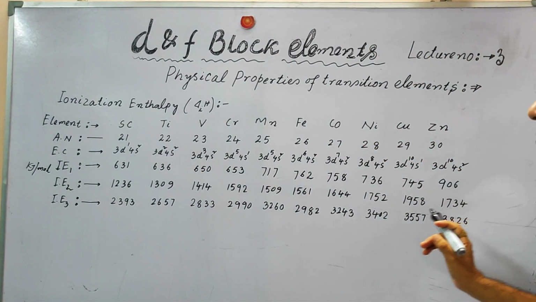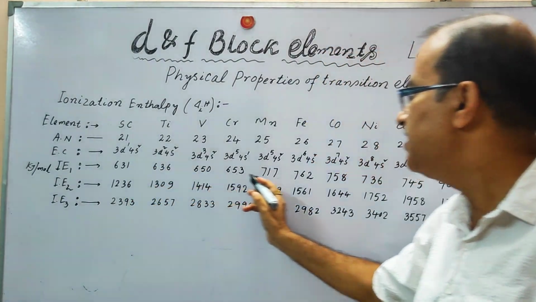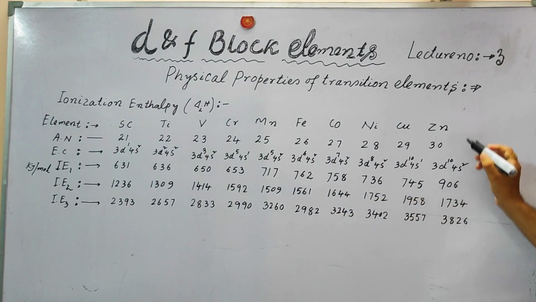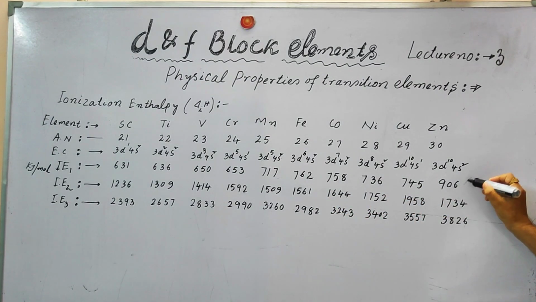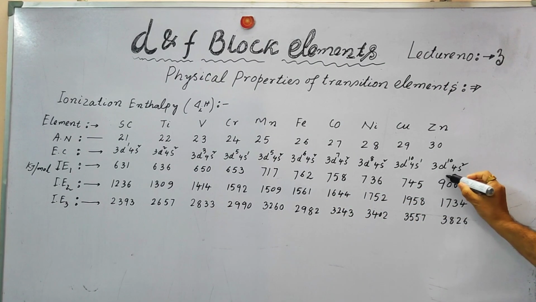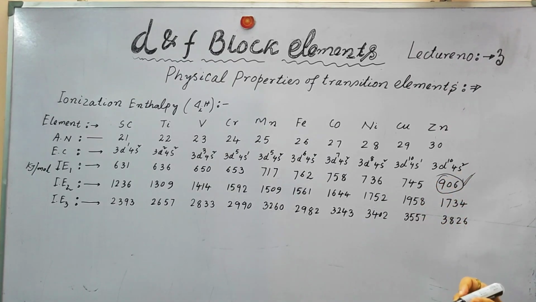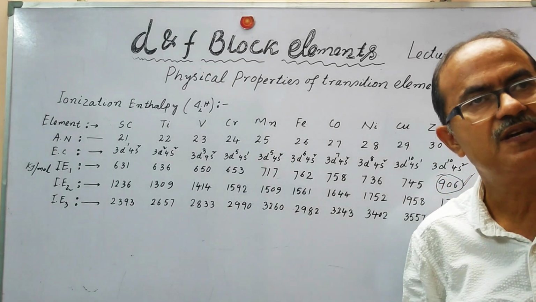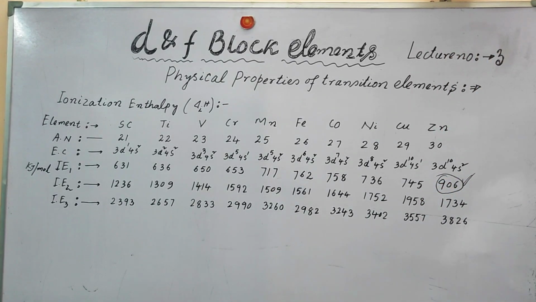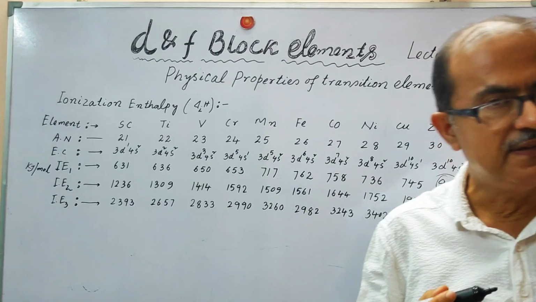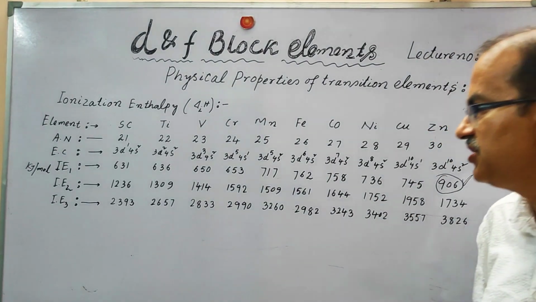The last element, zinc, has the highest first ionization enthalpy, that is 906 kilojoule per mole. But here we can see some abnormality, some discrepancies.